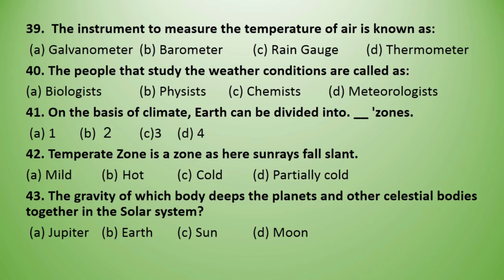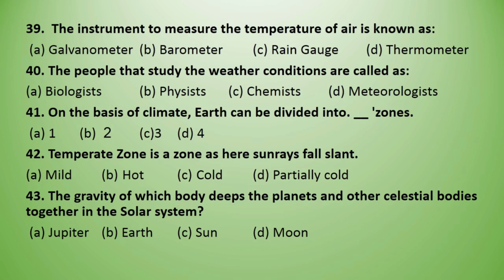B. Barometer. C. Rain gauge. D. Thermometer. Answer is D. Thermometer. 40. The people that study the weather conditions are called A. Biologists. B. Physicists. C. Chemists. D. Meteorologists. Answer is D. Meteorologists.